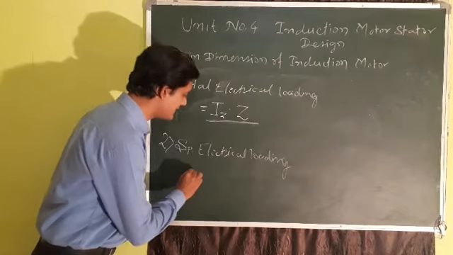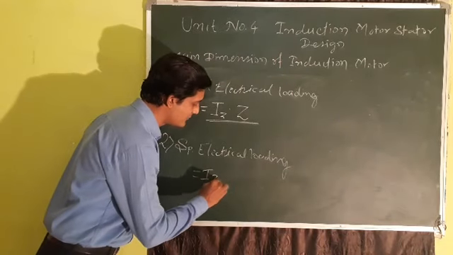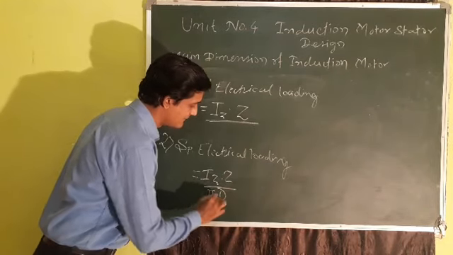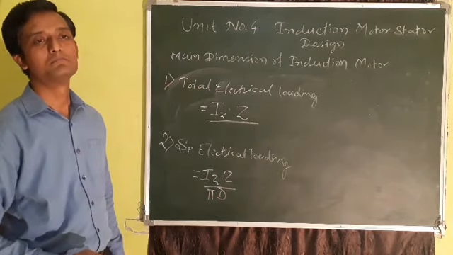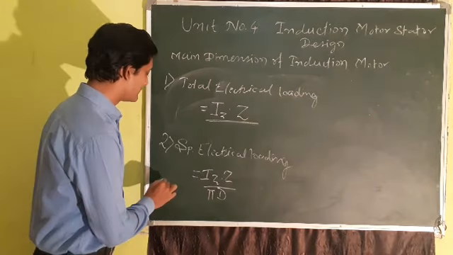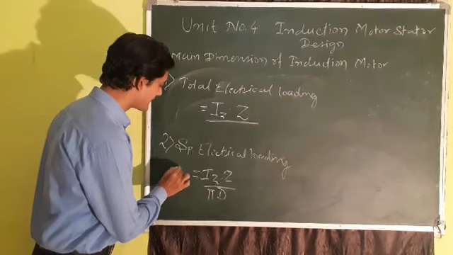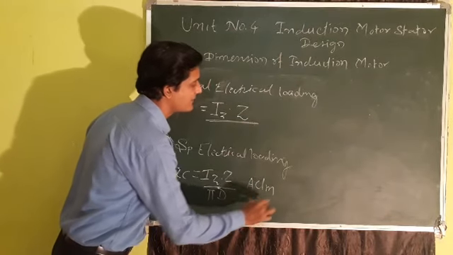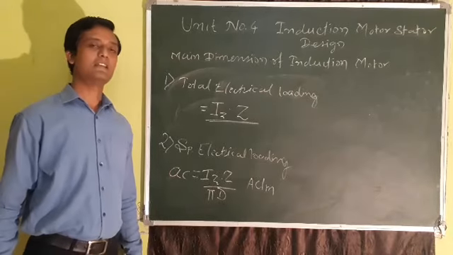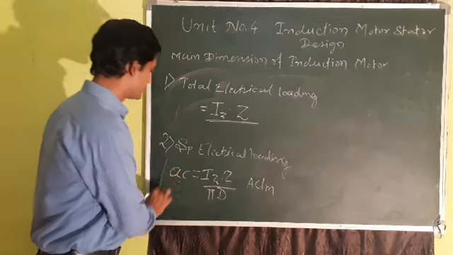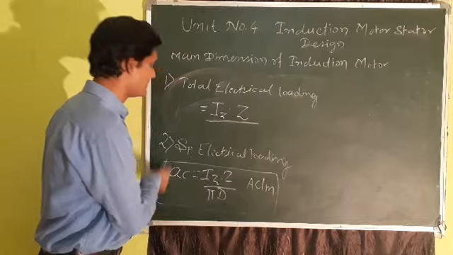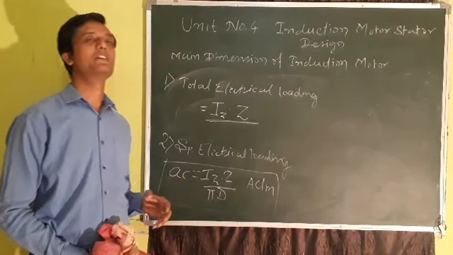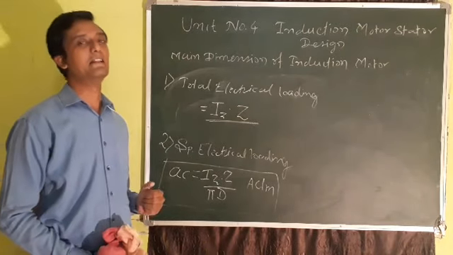So it is represented as Iz into Z divided by pi D. So this is called as specific electrical loading. It is denoted as AC, and the unit is ampere conductor per meter. We know that the flux density BAV is Weber per meter square. So these are the terms. Specific electrical loading and magnetic loading are required for determining D and L.